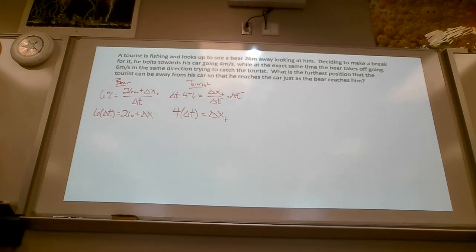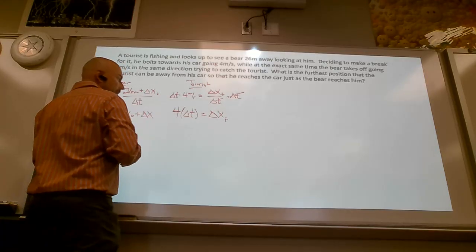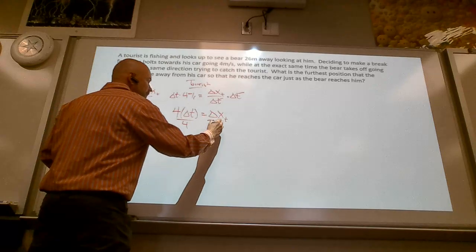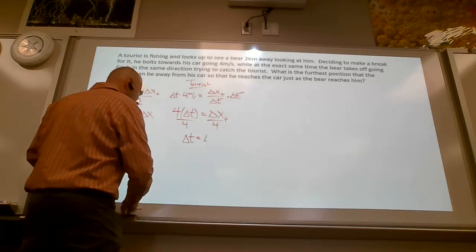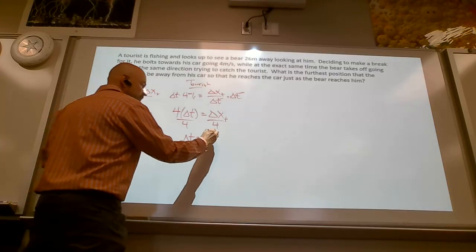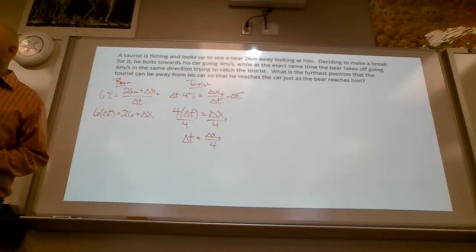Good. I want to solve for delta t, so I'm going to divide by 4 on both sides. Now, I do not expect you to write out everything that I'm writing. I'm just doing this to teach. Does that make sense?